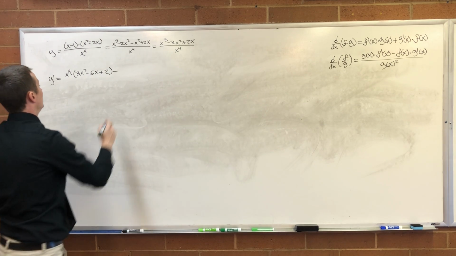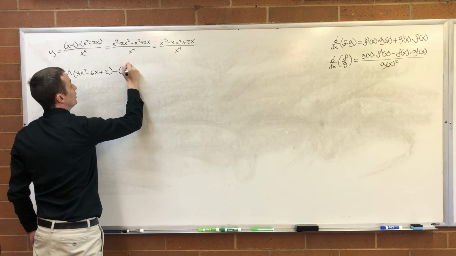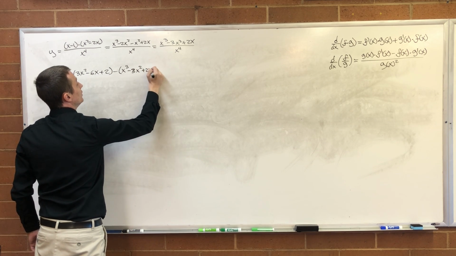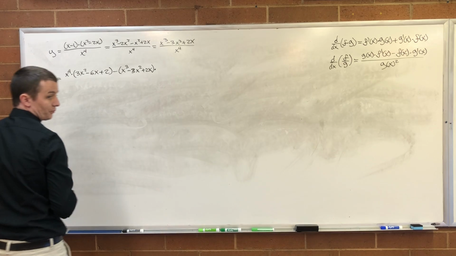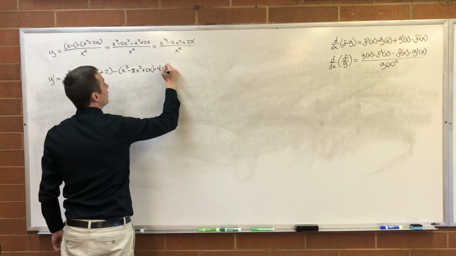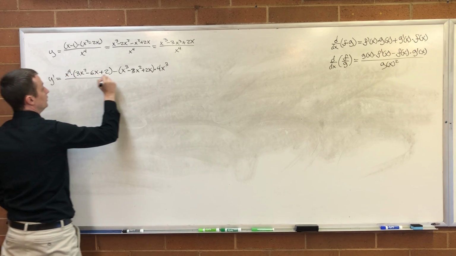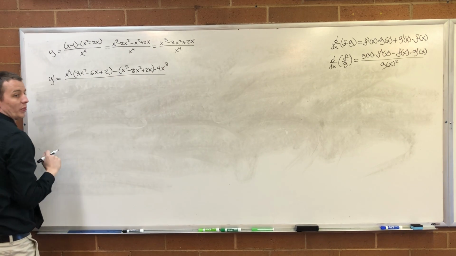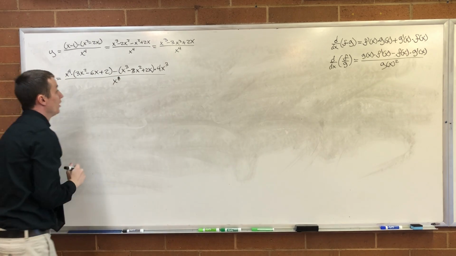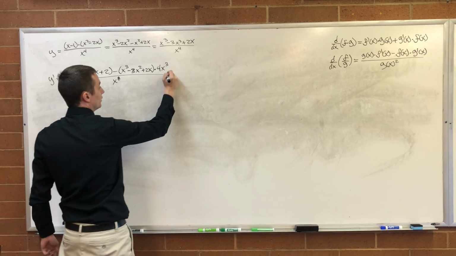Minus, subtract the top times 4x cubed, all over x to the power 8. Perfect. Okay. Now let's simplify.